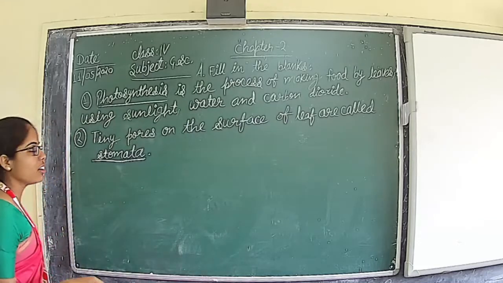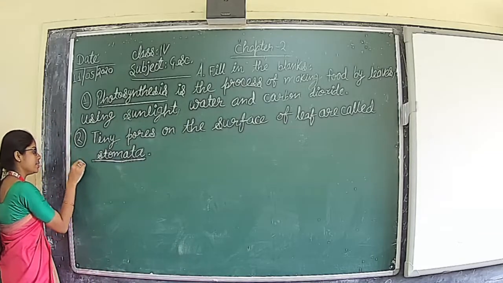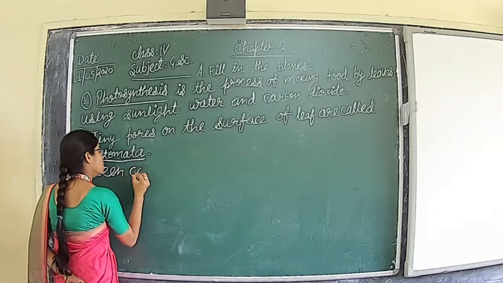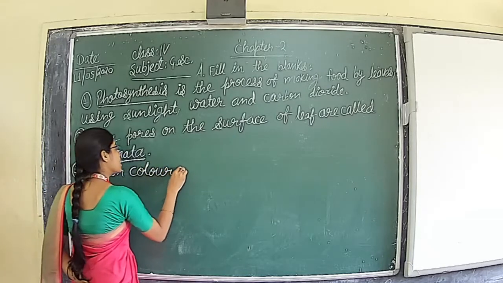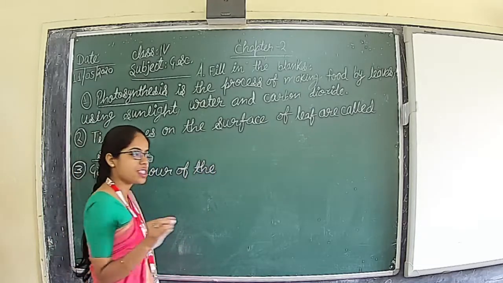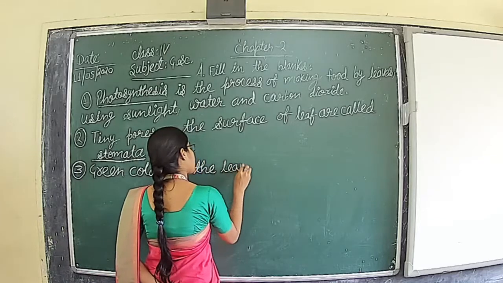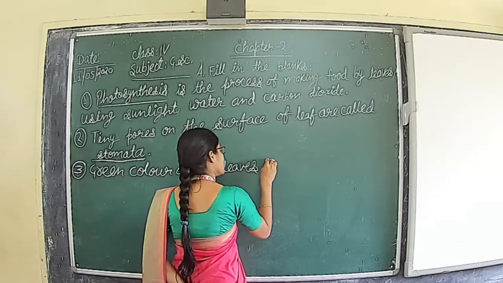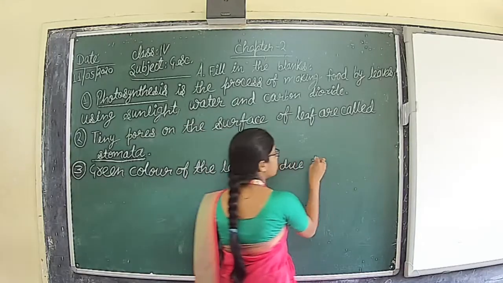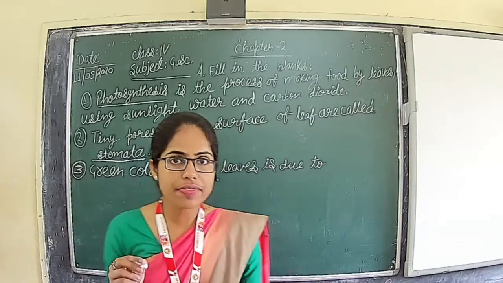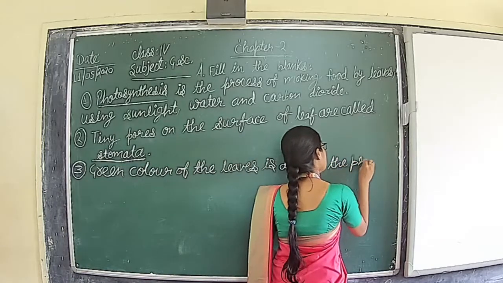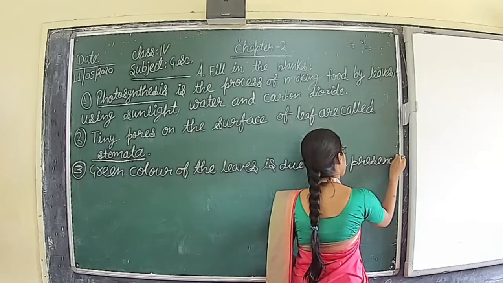Now third question: green color of the leaves is due to the presence of dash.